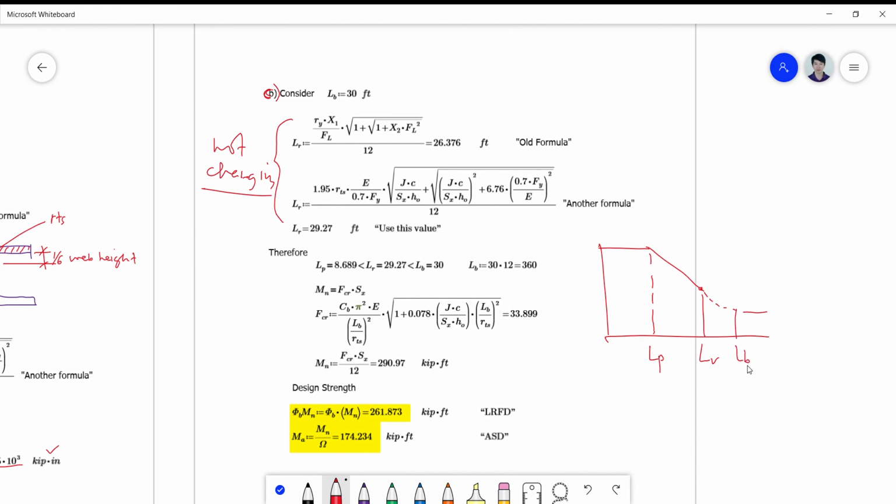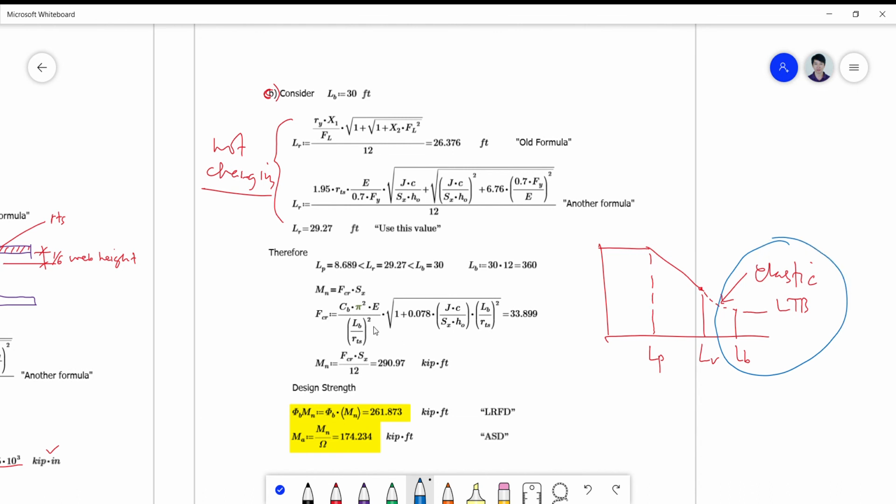So you are now on the non-compact, slender section. So this is the elastic lateral torsional buckling region.